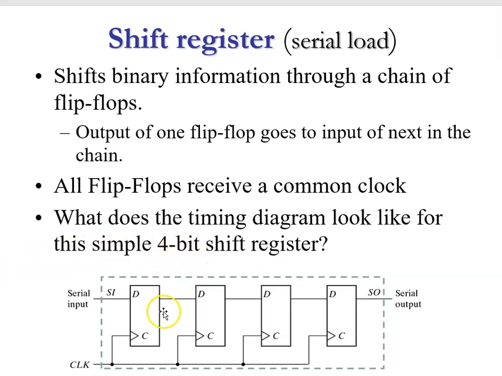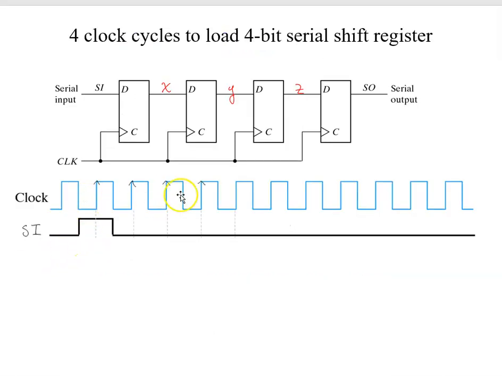So if we wanted to look at a timing diagram for this shift register, it would look different than that of a parallel load register. We have our pulsing clock, 50% duty cycle, and we have our inputs. These are the two inputs to our register, and we're just going to try to shift in one pulse of a data bit of 1, and the rest of the data bits being shifted in are 0.